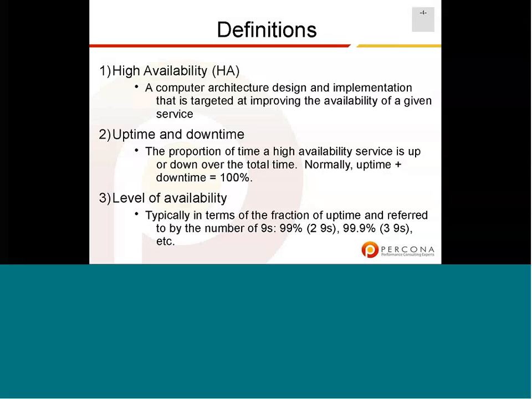The level of availability is typically the fraction of time that you are uptime compared to the time you are downtime. Normally, you count the level of availability in terms of the number of nines. 2 nines would be 99%. 3 nines would be 99.9, and so forth. So the highest number of nines that you get, the better the availability is. At 4 or 5 nines, we're talking about just a few minutes per year of downtime, so it's fairly low.